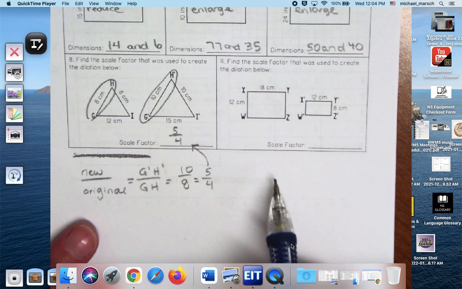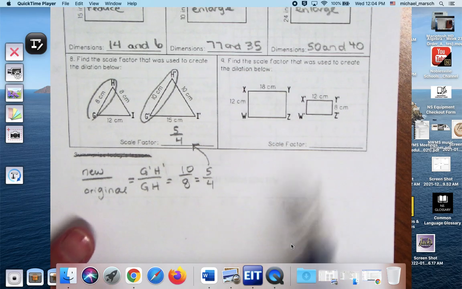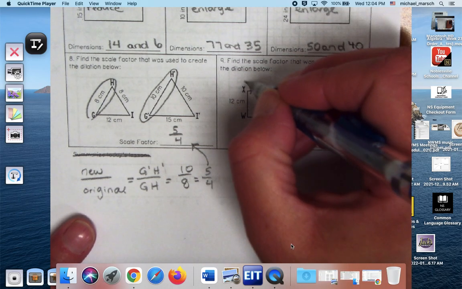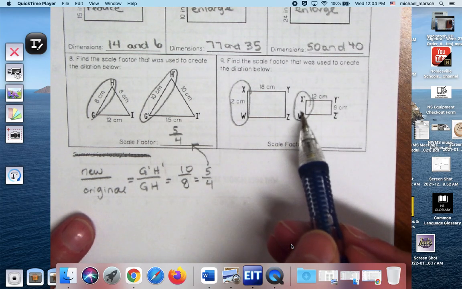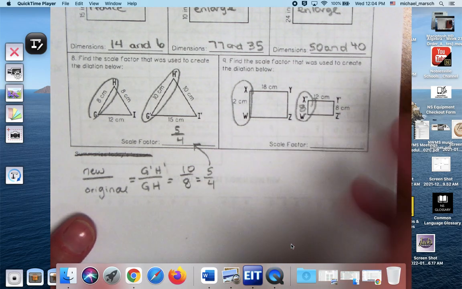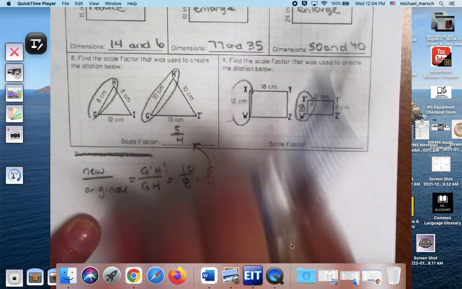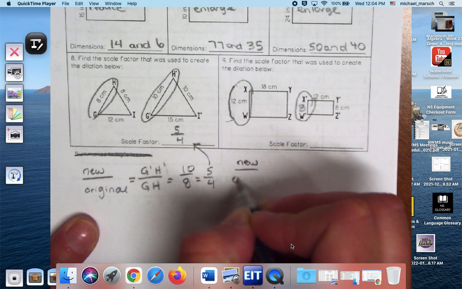Let's do the same thing for these rectangles. Which side do we want to use? WX? And then we also have to use WX. How do I know what this dimension is, though? 8. Because the other side is 8, right? And this is a 12. So I've got new over original.